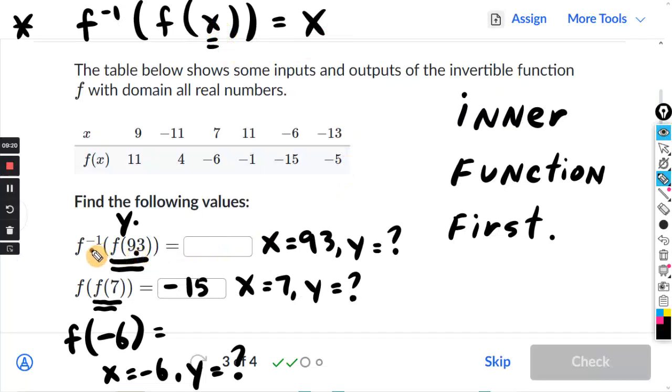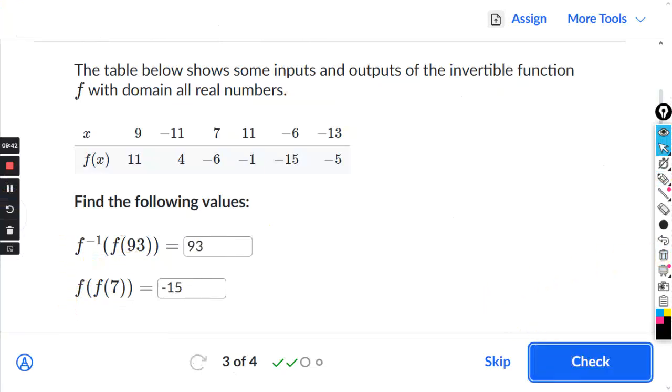So right here, the inverse of f of 93 is just going to be 93, even though it's not on the table. It's basically the inverse of the original function at a point x, which would be that same point x. All right, 93 and negative 15.